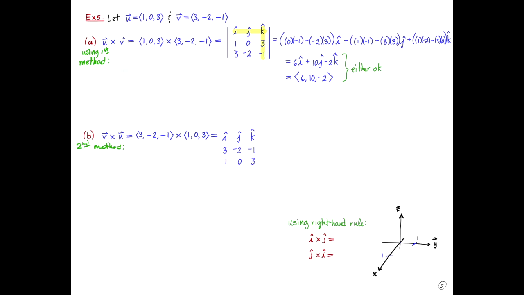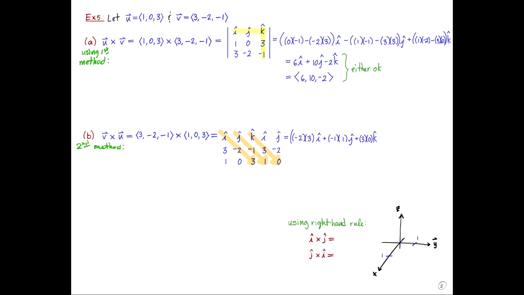Using the basket weave method, we want to copy our first two rows down again. We want the sum of the product of the down diagonals, which is -2 times 3 times i, plus -1 times 1 times j, plus 3 times 0 times k.